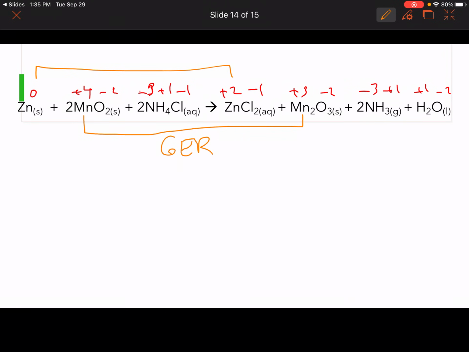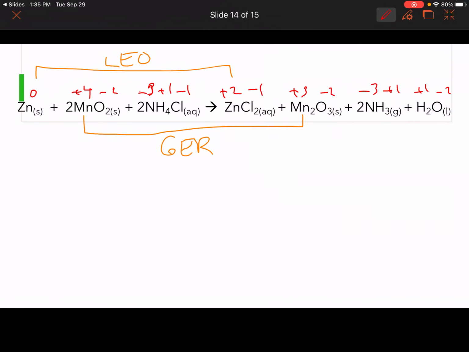So we have zinc up here, went from 0 to +2, so it became positive. That's our Leo. Now, if you ever get in a situation where both of these are Leo or both of them are GER, you've made a mistake, okay? So go back and change when one of your oxidation numbers is incorrect. Because one of these things will always be oxidized, one of these things will always be reduced.